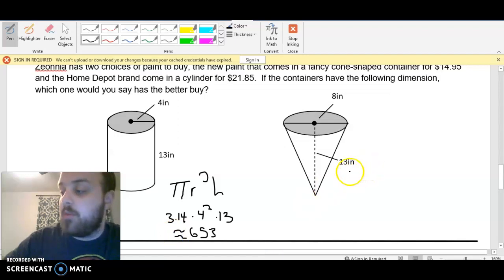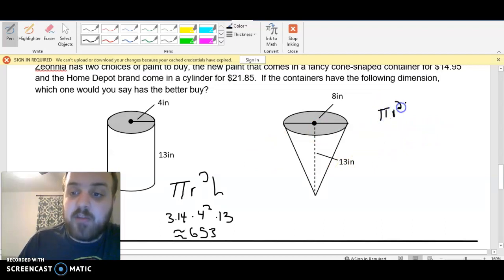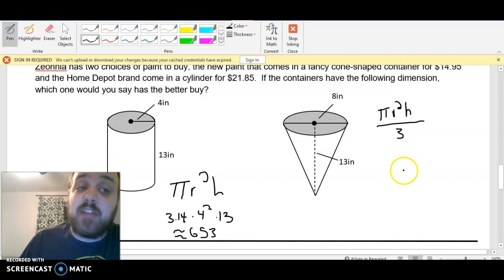Now for the cone, I'm going to do the same sort of calculation, but because it's a cone, I'm going to use the cone formula, which if you remember is pi r squared h over 3. I need to be careful here, and you saw this a lot with the cylinder: this 8 inches is not talking about my radius, it's actually my diameter. So I need to cut that in half, and my radius is actually going to be 4.